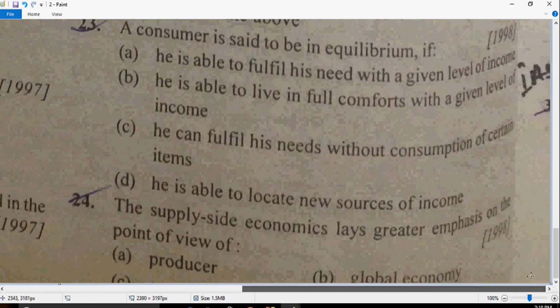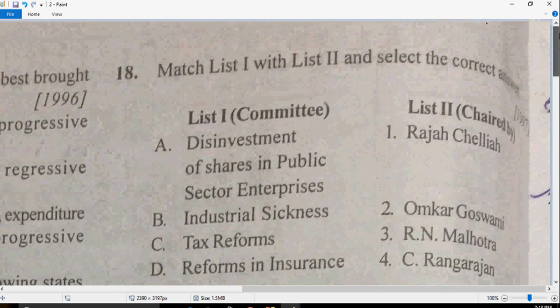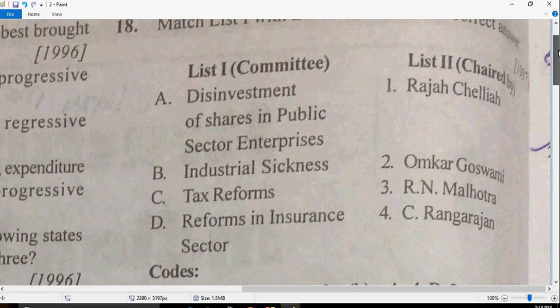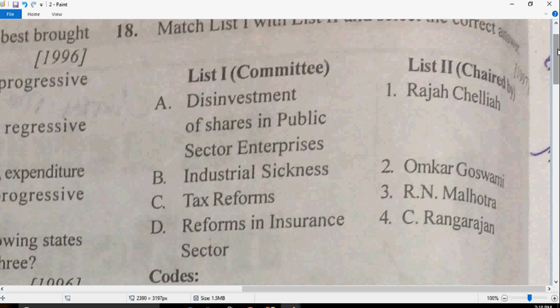Now let's have the next questions. Committee, and of course chaired by that person. So let's have question number 80. We have to make the correct match, and the answer for 80 is going to be C. Once again, let me inform you that the Chelliah Committee on tax reform was in 1993, and the Omkar Goswami Committee was on industrial sickness.